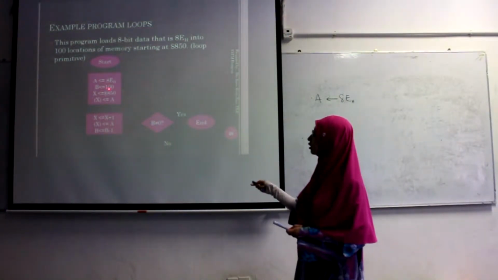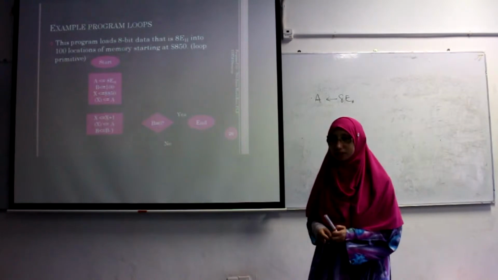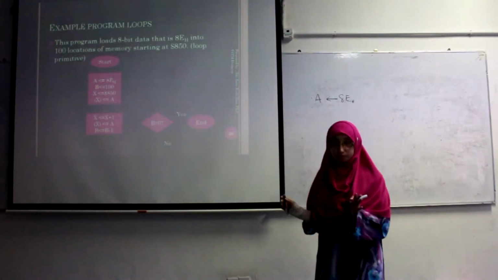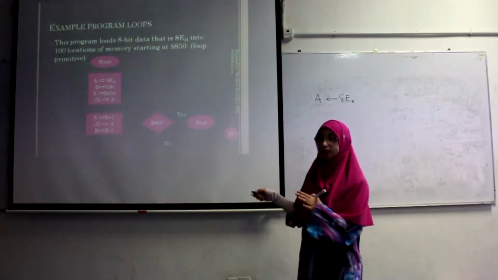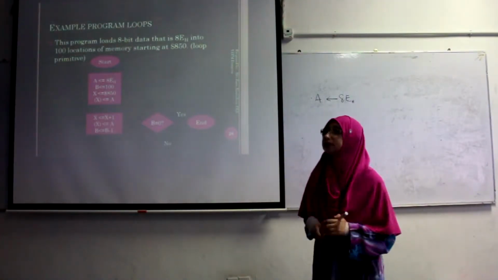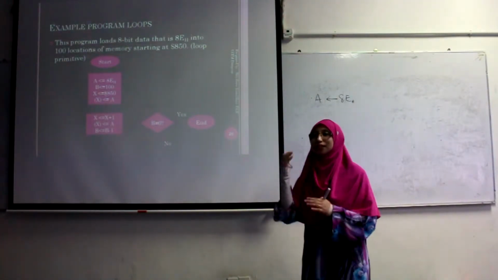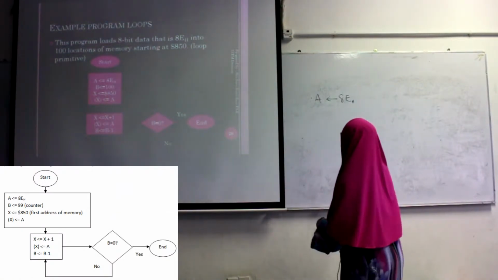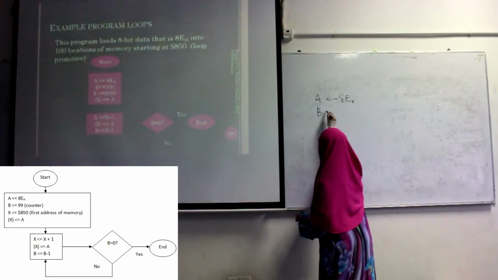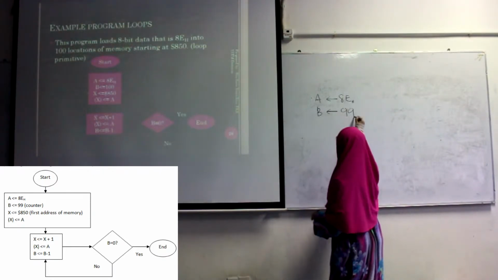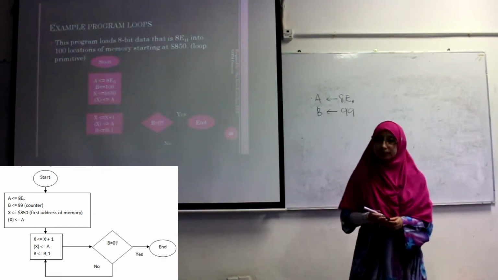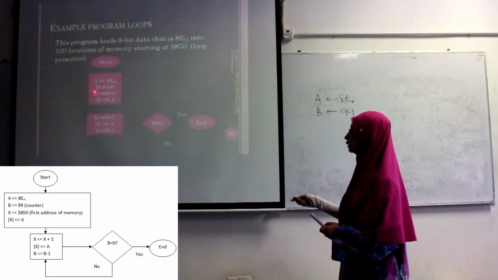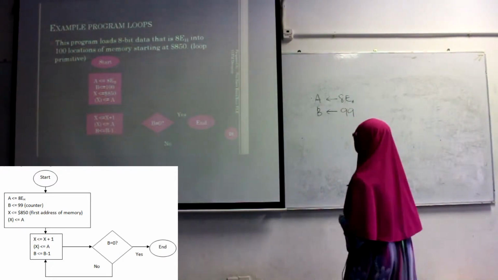B is not 100, B must be 99, because we have 100 memory locations, but the counter must start with 99 because the last one is 0. So 99 until 0 is 100. So B is 99, in decimal.